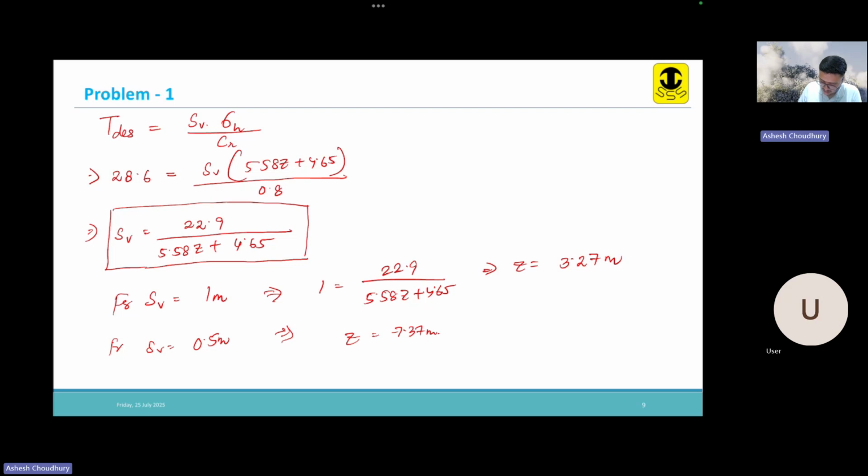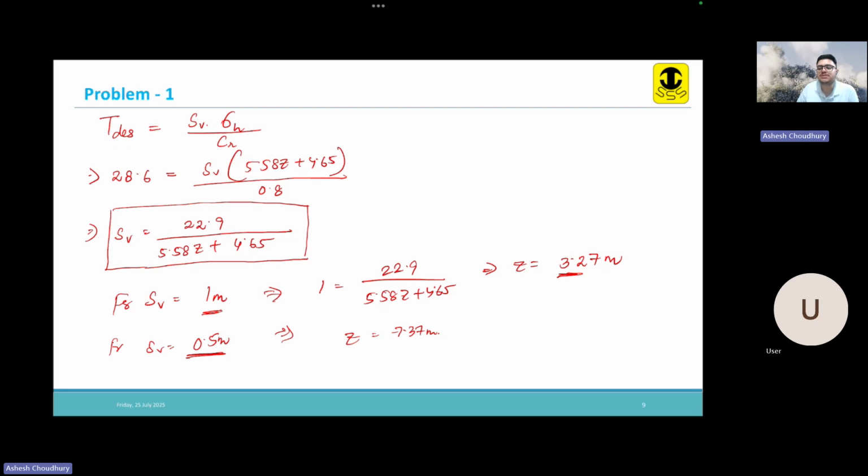But what is the total height of my wall? It is 7 meters, right? So we are seeing that 1 meter is only satisfied up to a depth of 3.27 meter. So at least you have to provide a spacing of 0.5 meter.